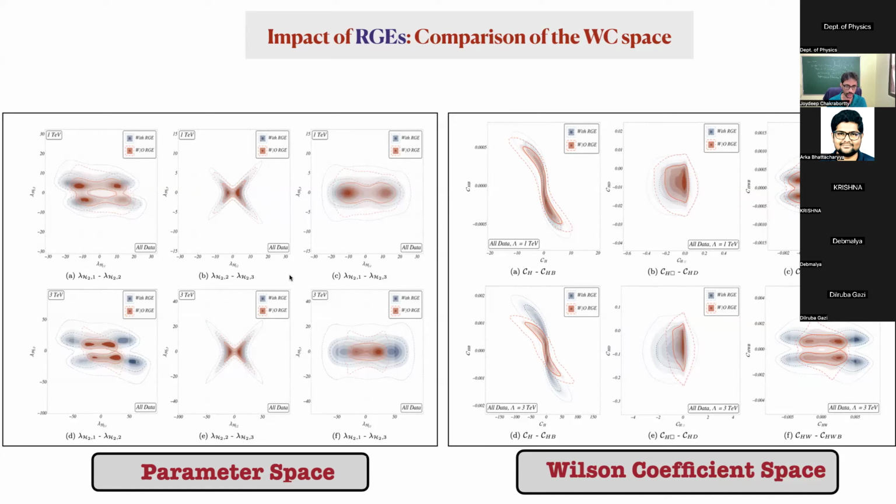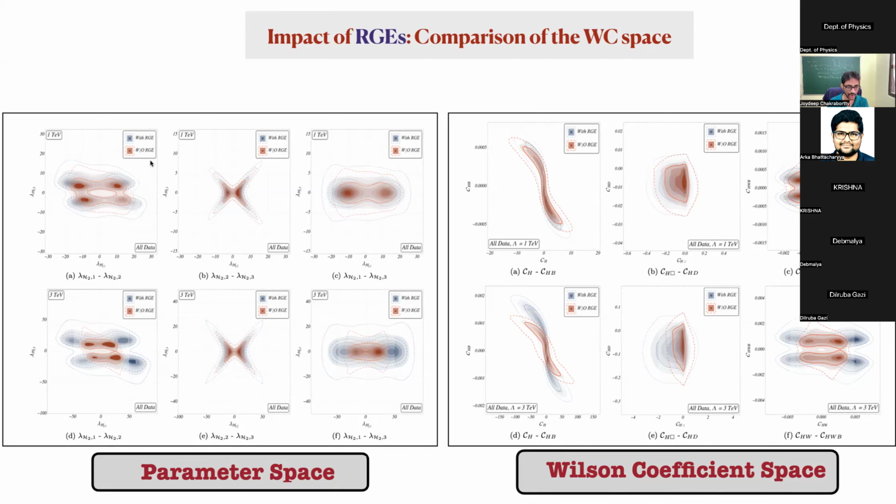So this is the plot where you can capture the impact of the RGs. In the same model scenario, in the earlier fitting case we were ignoring the RG effect, but now we are including the RG. If you see, this bluish part is with the RG effect, and the reddish part was without the RG effect. So when you perform the RG, it gives you other kinds of operators, and then you get more and more allowed parameter space, and this is in the context of all the data.